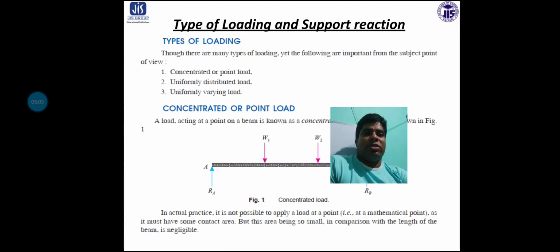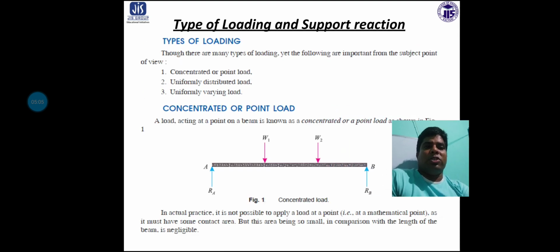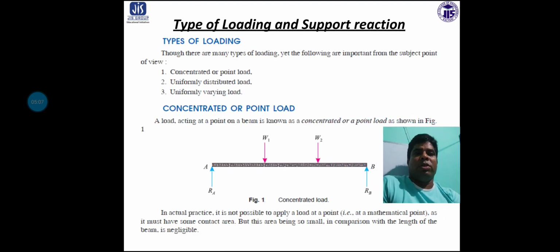Now the next important point is the loading system. Mainly we can use three types of loading on a beam. The first one is concentrated or point load, the second one is uniformly distributed load, and the third one is uniformly varying load.